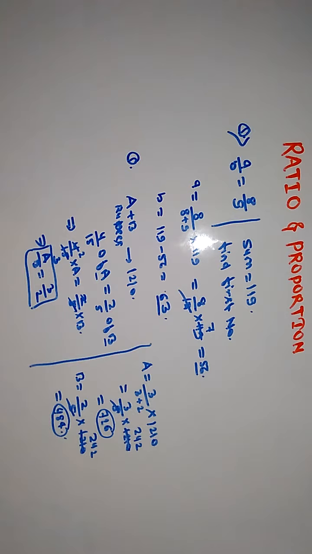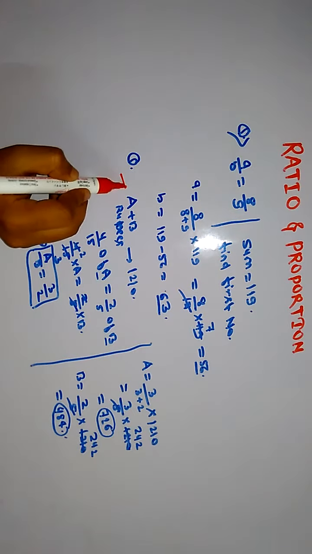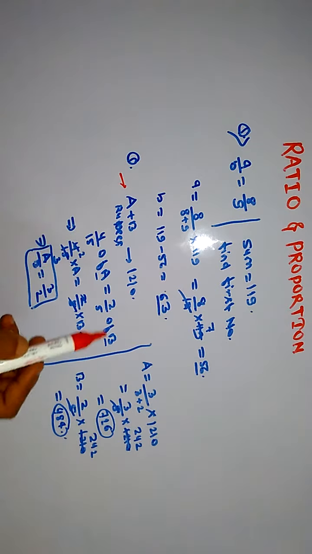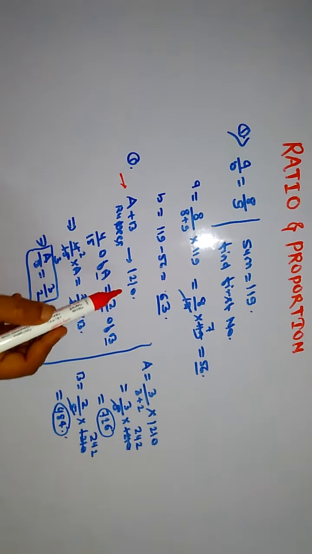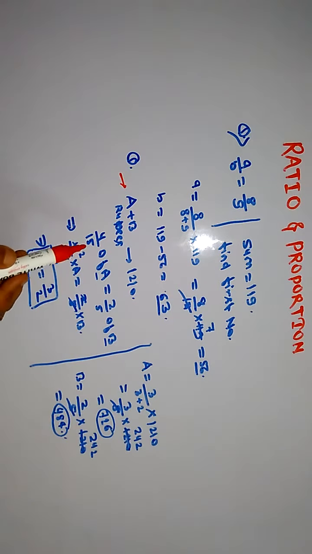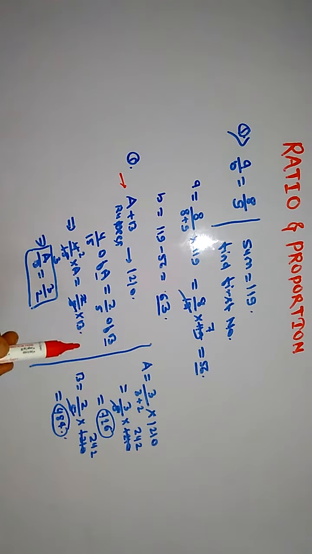It is given in the question that the amount of A and B collectively is 1210. It is also mentioned that 4 by 15 of A's rupees is equal to 2 by 5 of B's rupees. So by doing the cross multiplication and the mathematical operation, we got the ratio between A and B as 3 by 2.